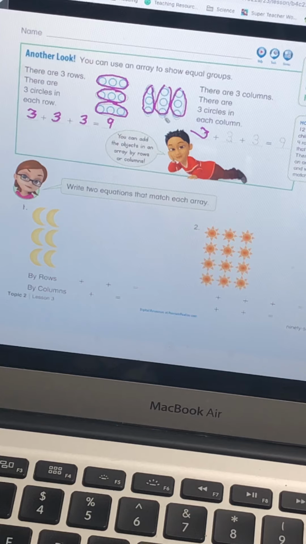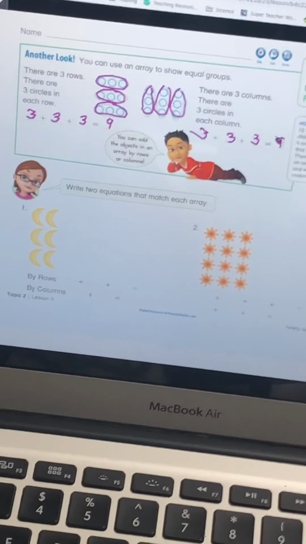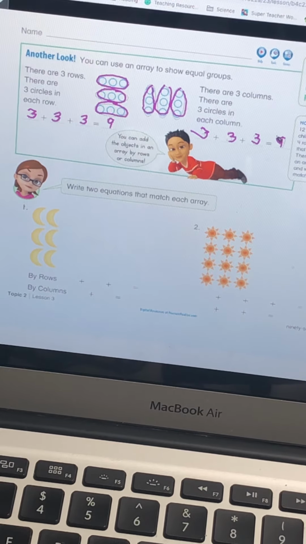How many's in this one? 3. And how many's in this one? 3. What's 3 plus 3 plus 3? 9.